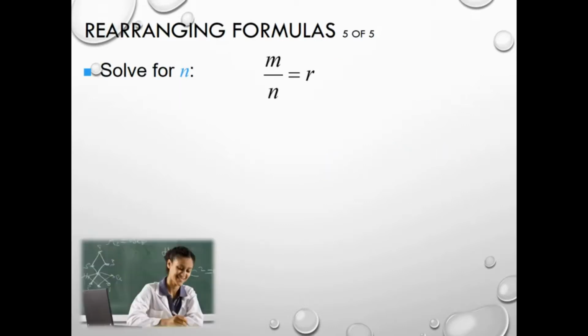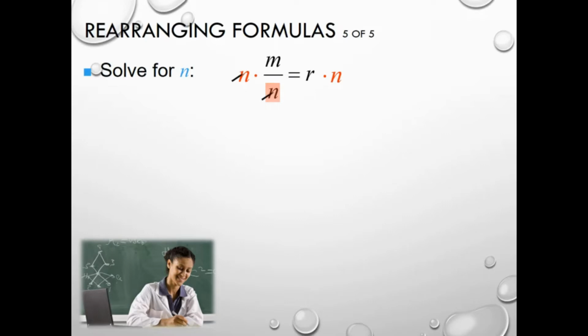In this last equation, we have a formula that is a rational equation, and the directions are to solve for n. To eliminate the rational expression, we multiply by the least common multiple or denominator, which in this case will be n.